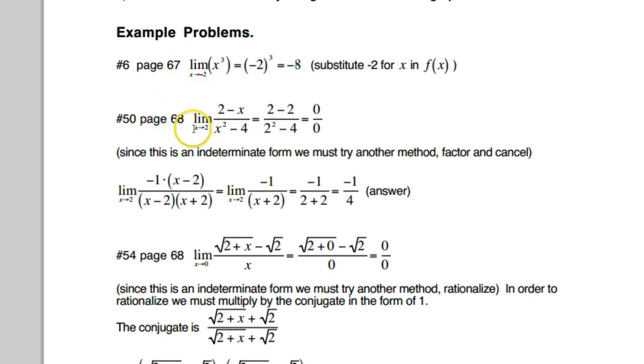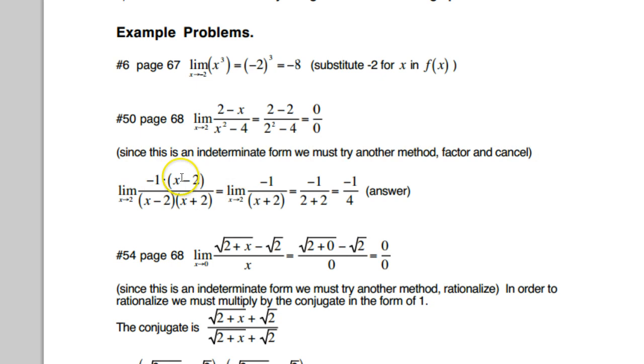Okay. The limit as x approaches 2. Now if we try direct substitution, we get 2 minus 2 on top, which is 0, and on the bottom we get 2 squared, which is 4, and 4 minus 4 is 0. So that's an issue. Since this is an indeterminate form, we must try another method, which is factor and cancel.